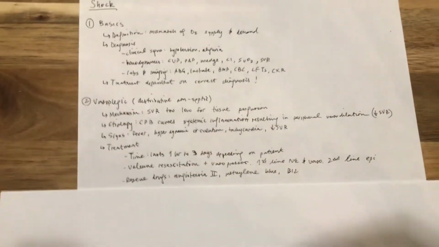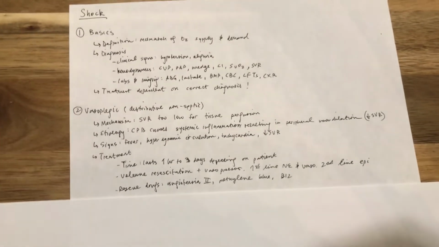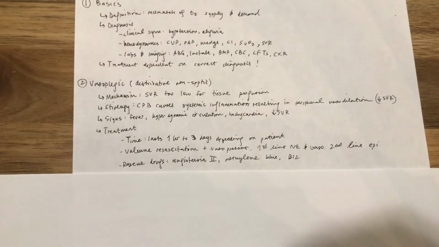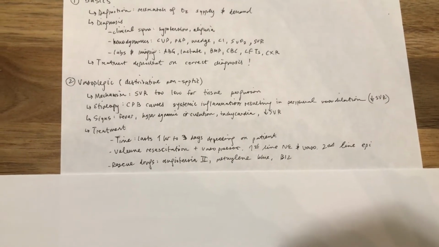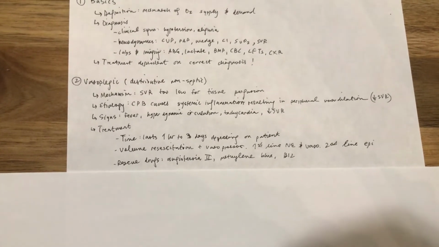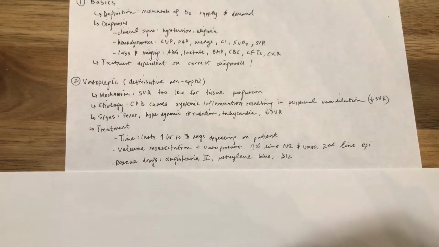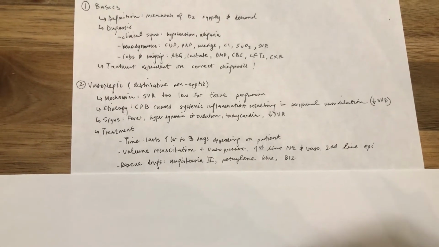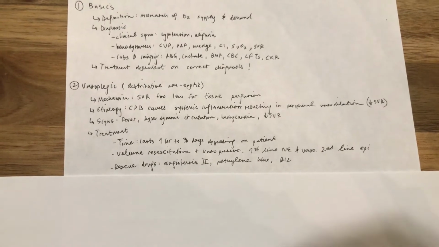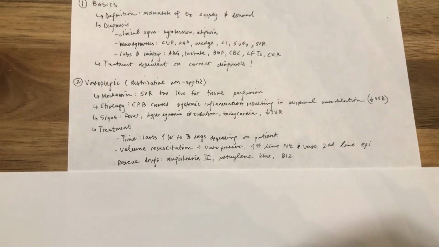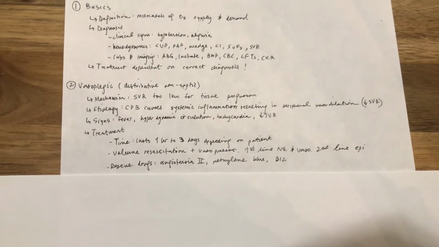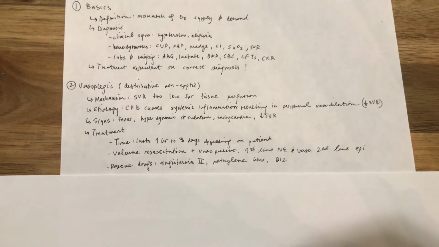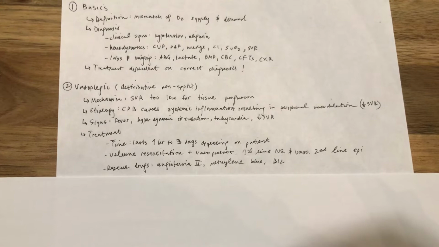So the first type of shock we're gonna talk about is vasoplegic shock, which is a distributive non-septic shock. Most of the other distributive shocks that we see in the hospital are all septic shock. The main difference is that almost all of the CTICU patients, especially when they're post-op, have had cardiopulmonary bypass. And so what that does is when the blood goes through the bypass machine, it causes a systemic inflammatory response, which then causes peripheral vasodilation.